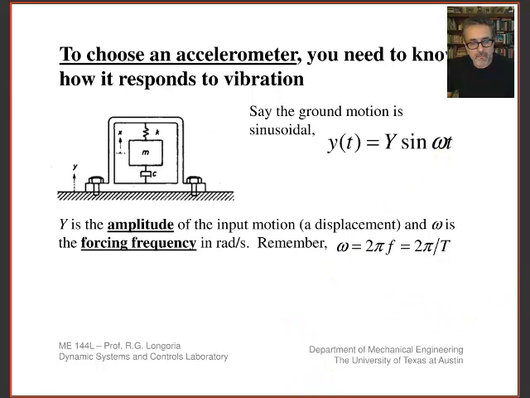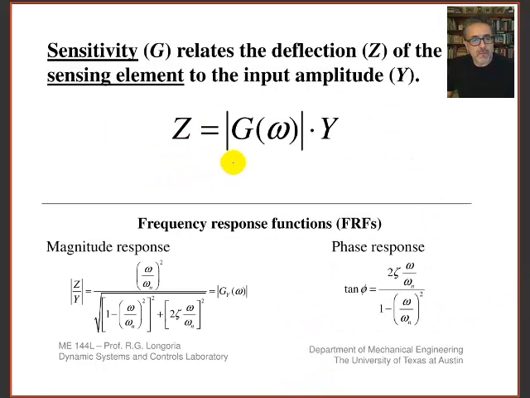So the way to think about it is the output, and think of Z here, the sensitivity, call this G function, relates the deflection of the sensing element. It could be the piezoelectric, it could be the capacitor plates, it could be the beam, whatever element you're using. That deflection Z is related to the input amplitude Y by this function G, and that G is the sensitivity.